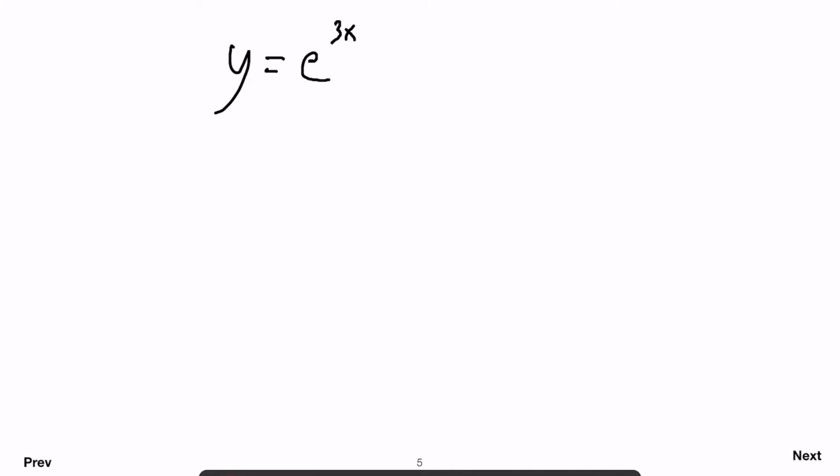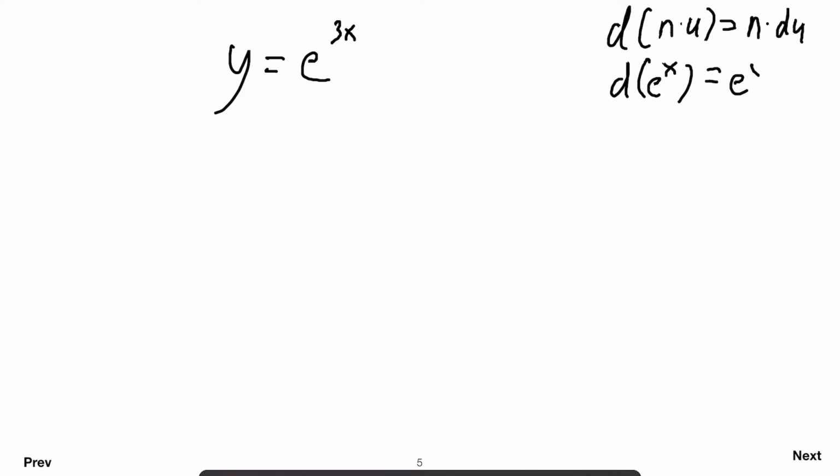So the rules that we're going to use are: the differential of some constant times u is n times du, and the differential of e to the x is equal to e to the x dx. Actually, I should probably use u in that.